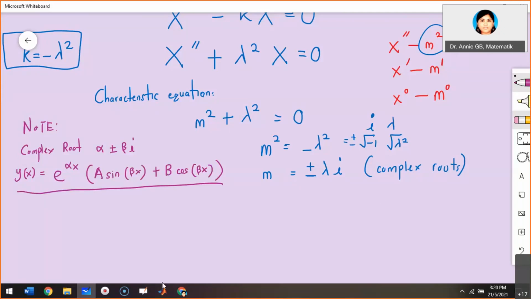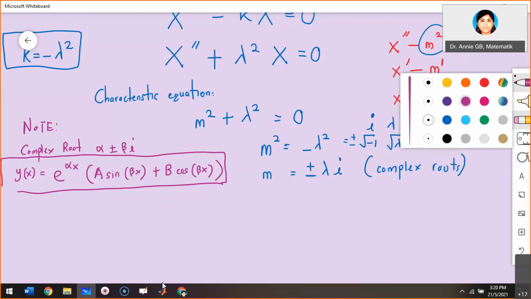Betul, Syazah? Okay, betul kan? Sebab in our case, alpha saya kosong. Kalau alpha kosong, e to the power of 0 is 1. Okay, jadi solution saya hanya melibatkan beta sahaja.